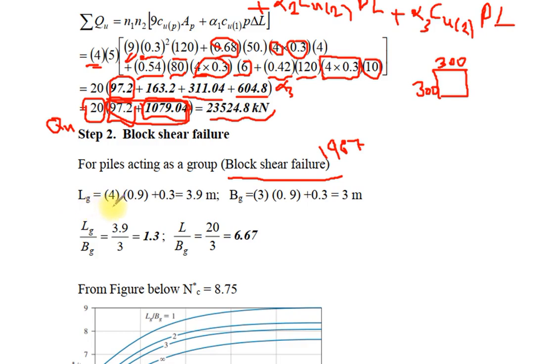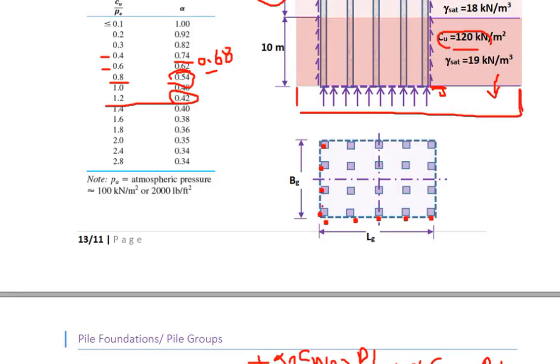Length of the group of pile equal to 4 multiplied by 0.9, since from center of pile to center of pile, the distance S equal to 900 millimeter, which is equal to 0.9 meter.